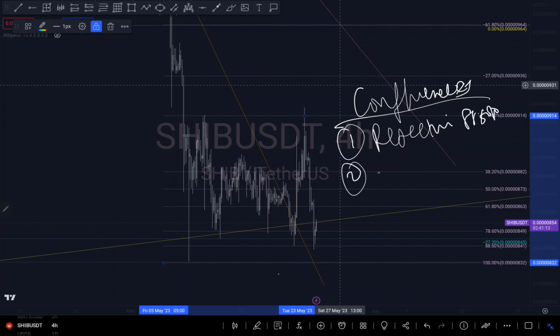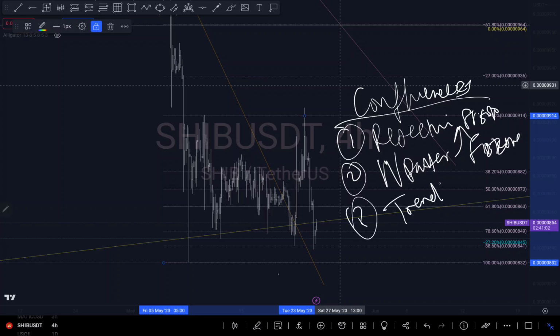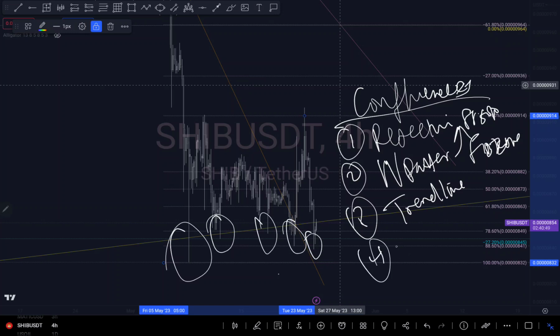Second, I'm seeing a possible W pattern right on my fib zone. I'm also seeing a trend line touch, which means there's a possibility it might bounce off of that level. We've been seeing a lot of weak rejections around this area, and it has been bouncing off of that level. So those are higher confluences that we might continue to push to the upside.